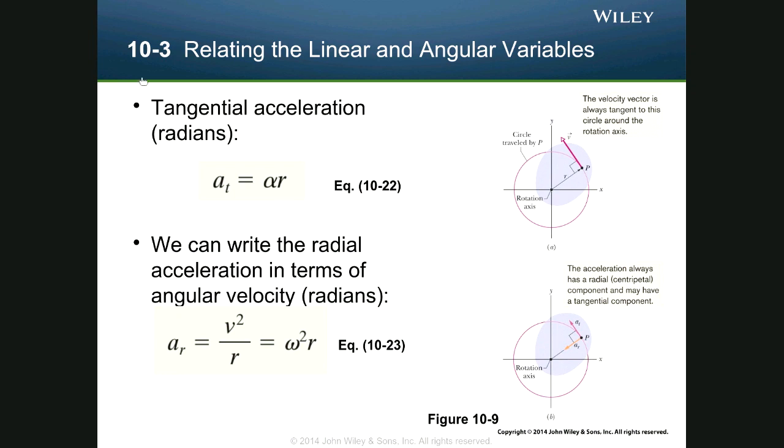The claim here is a radial equals v squared over r, right? And we know that v equals omega r, so we get omega squared r squared over r, which equals omega squared times r. So we can see where this comes from.